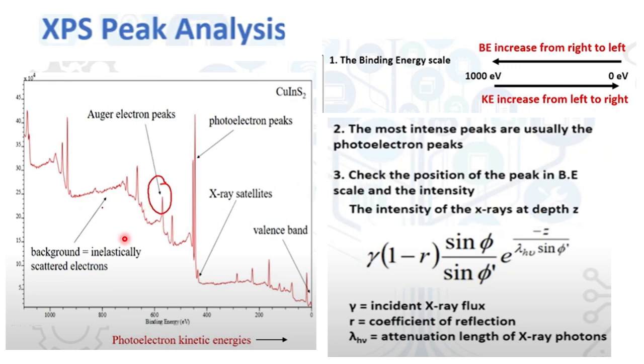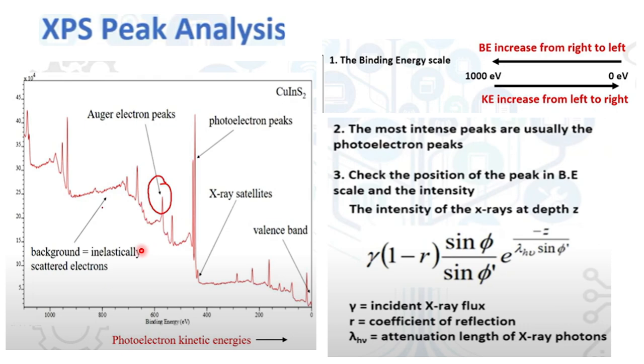So this is a schematic diagram of an XPS peak analysis, and usually the binding energy scale is 0 electron volt to 1000 electron volt, and the most intense peaks are usually the photoelectron peaks.